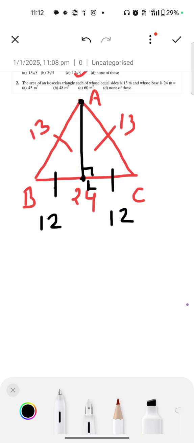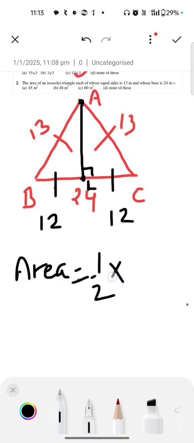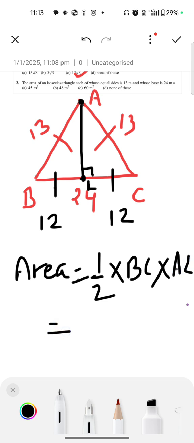We need to find the value of AL. Why? Because we know that the area of a triangle is half into base into height. Area is half into base, base is BC, and what is your height? AL. And we need to find the value of AL. How? By using, of course, the Pythagoras theorem.